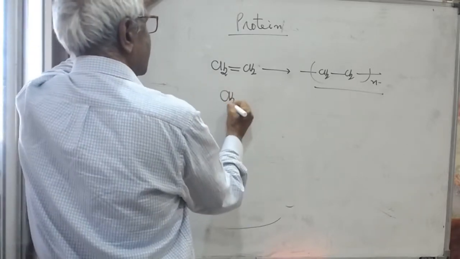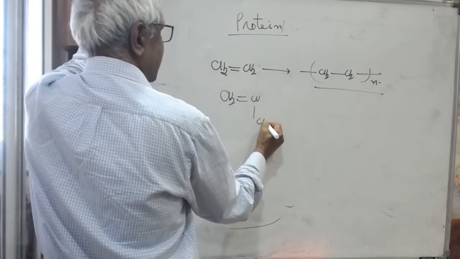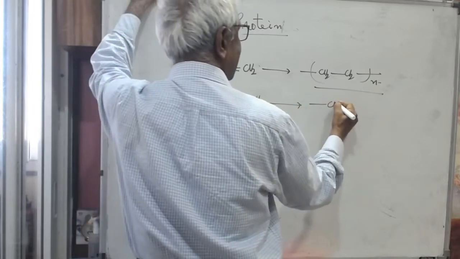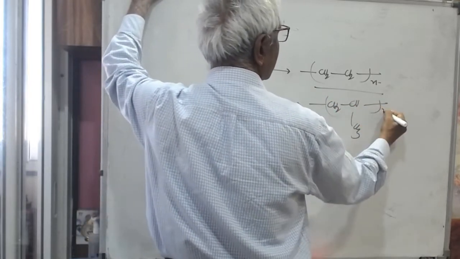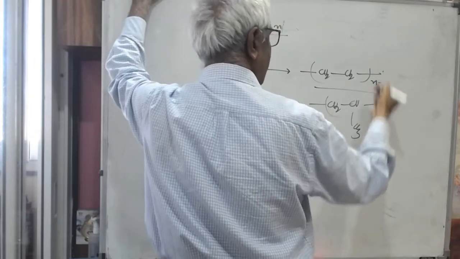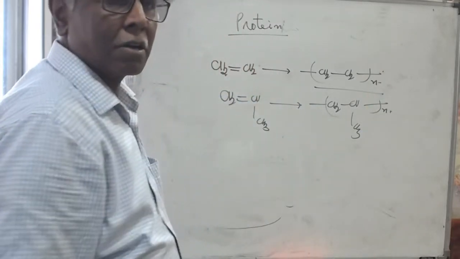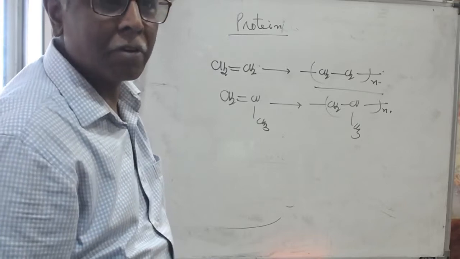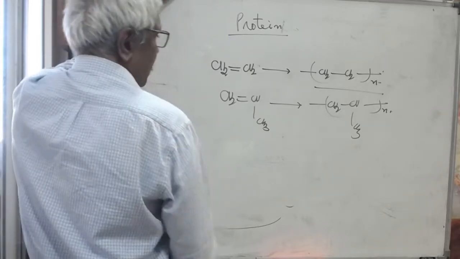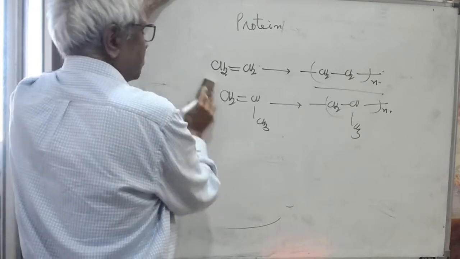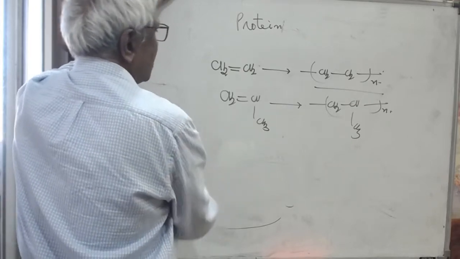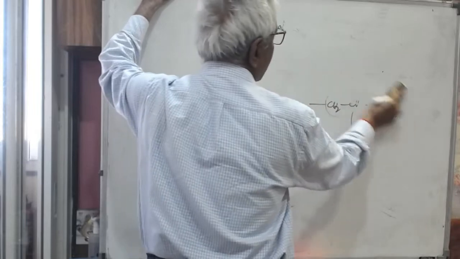Suppose I have CH2=CH-CH3, with the same repeating unit CH3, you call it polypropylene. All polymers are macromolecules, but all macromolecules are not polymers.